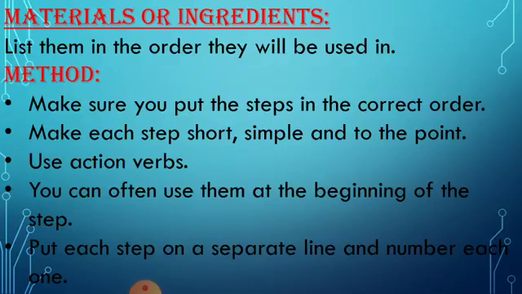Next important thing, method. How we have done that particular activity, recipe or experiment, we have to write down. That is the method. Make sure you put the steps in the correct order. First what you started with, after that what you have done, and at the end how you finished that task, experiment or recipe.